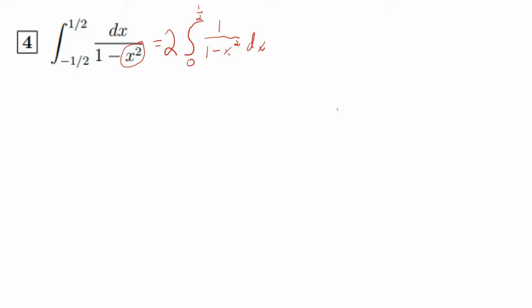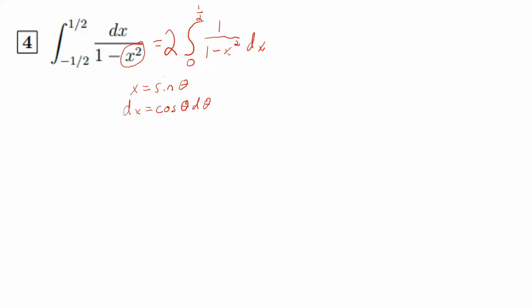In this case, we're going to trig sub x equals sine theta, because 1 minus sine squared theta is cosine squared theta, which makes it a lot simpler. Just like this.